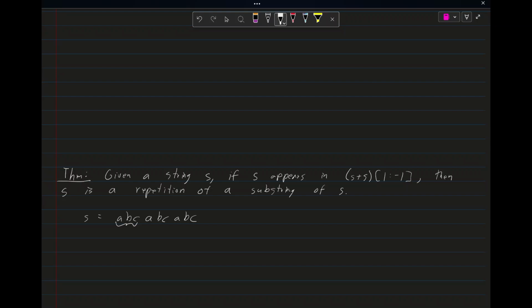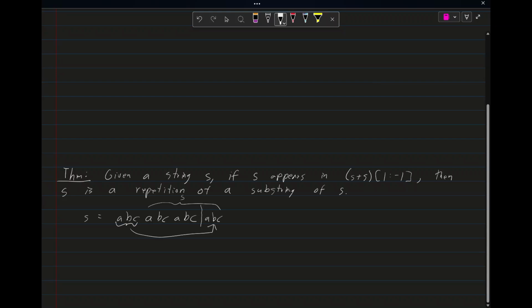So if you were to take the first chunk of that and move it to the end here, I'll use this vertical line to denote where the original string S ended. If you were to take this original chunk here and move it to the end, then you would have another copy of S just shifted over.